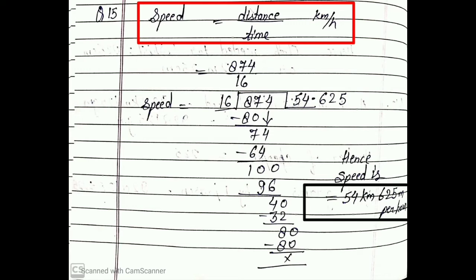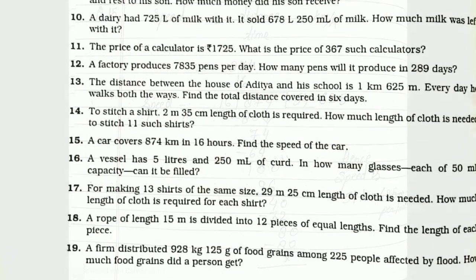Now we are moving to the next question, that is question number 16. A vessel has 5 liter and 250 milliliter of curd. In how many glasses, each of 50 milliliter capacity, can it be filled? So for solving this, you can see example 9.